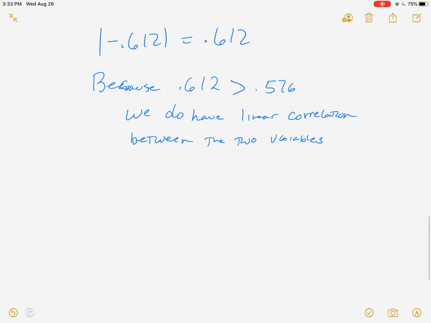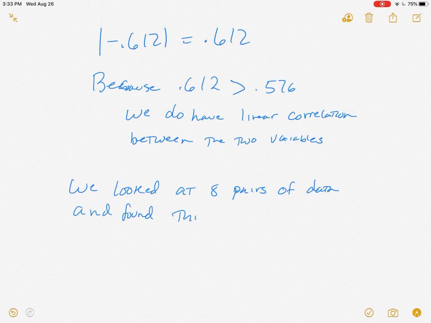What would change if I said this? We looked at 8 pairs of data and found their R value to be negative 0.612.